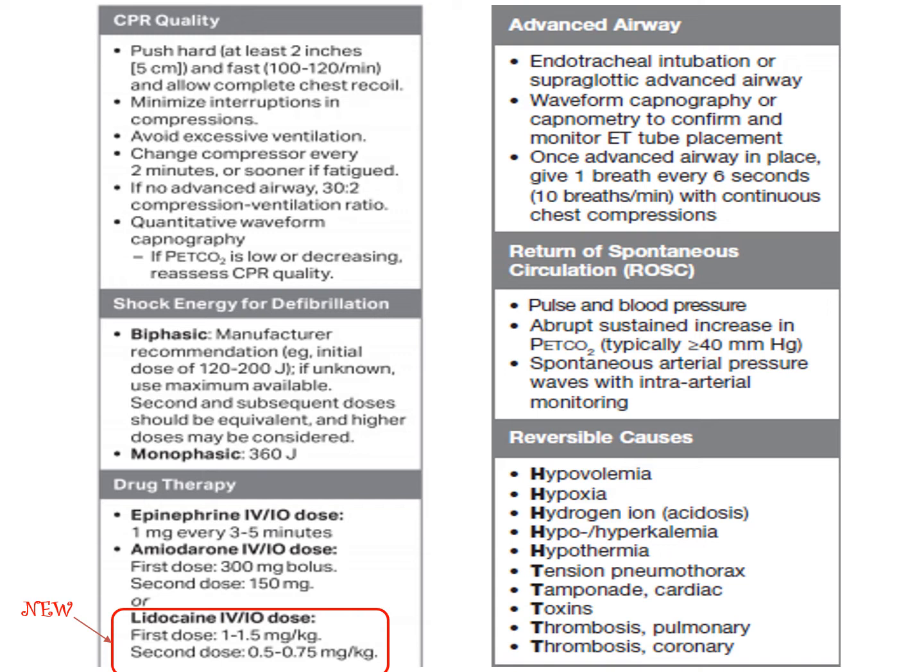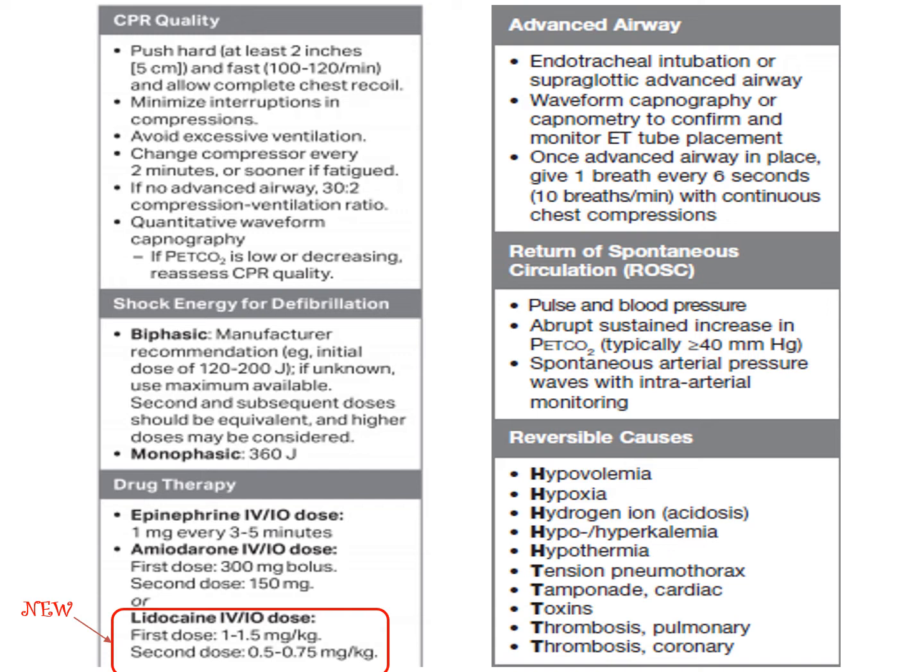In other circumstances, lidocaine might replace amiodarone. The first dose of lidocaine is 1 to 1.5 mg per kilo after the third shock, and subsequent dose is 0.5 to 0.75 mg per kilo after the fourth shock.